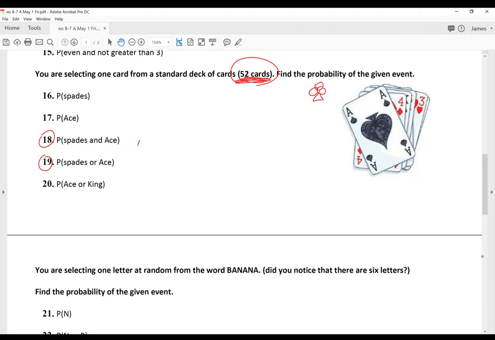So there are 4 aces: spades, clubs, hearts, and diamonds. There's only 1 ace of spades. So it's 1 out of 52. Why 52? Because there are 52 cards total.